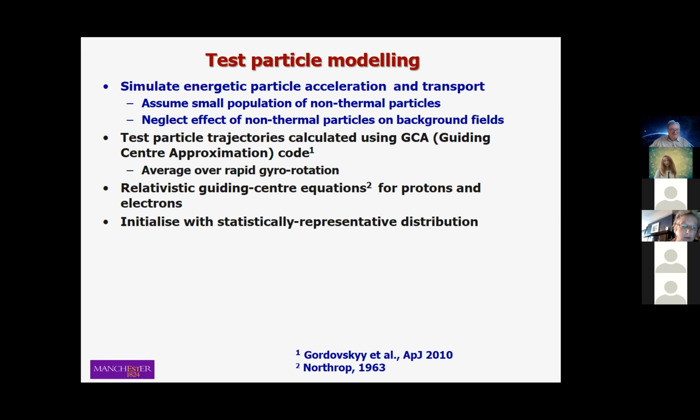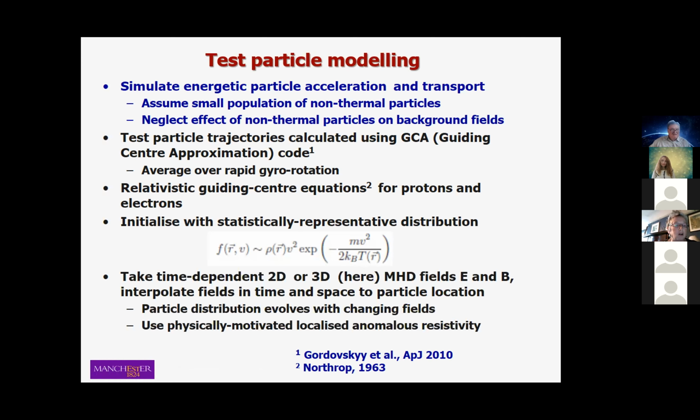We solve the relativistic guiding center equations for both protons and electrons. And importantly, we don't just model individual trajectories, but we start with a statistically representative distribution, which follows the density and a Maxwellian temperature. And in this, we can take time-dependent 2D, but here we take 3D MHD fields E and B, and we interpolate those fields in time and space to the particle location.